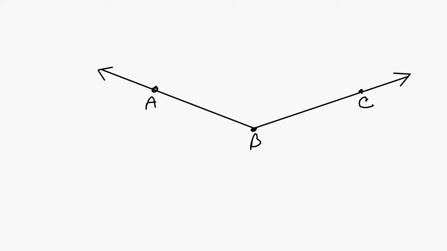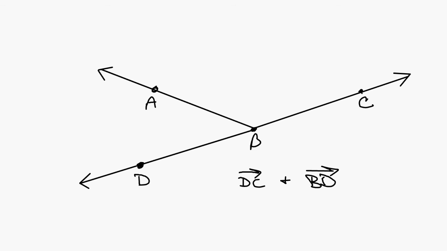And if I extend this to here, let's assume that that's straight now, as possible. Trying to maybe fool you a little bit. Call this D. Ray DC and ray BD, are they opposite rays? No. Why not?